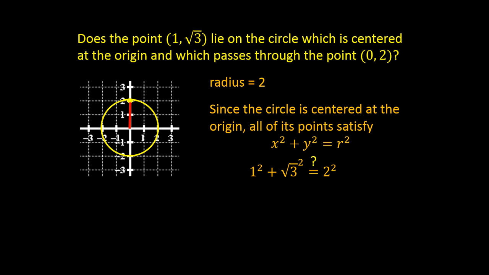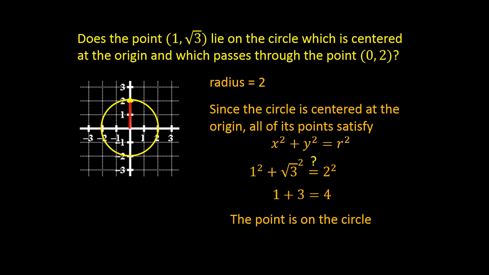If it's true, then the point 1, square root of 3 is on the circle. If it's false, the point's not on the circle. So let's see, 1 squared is 1, and the square root of 3 squared is 3, and 2 squared is 4. So 1 plus 3 does equal 4, which means that this point is on the circle.